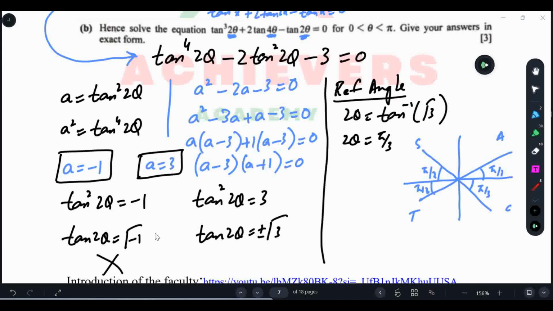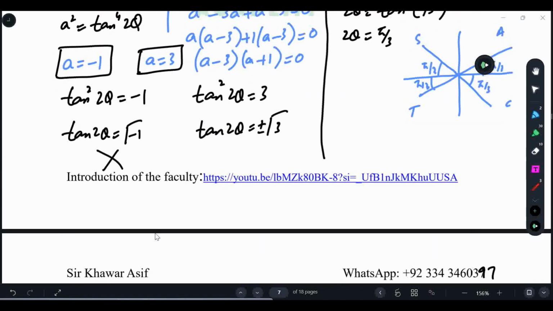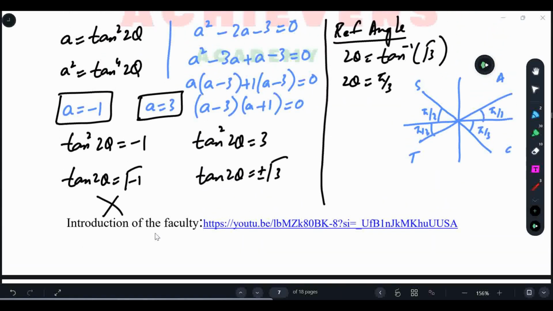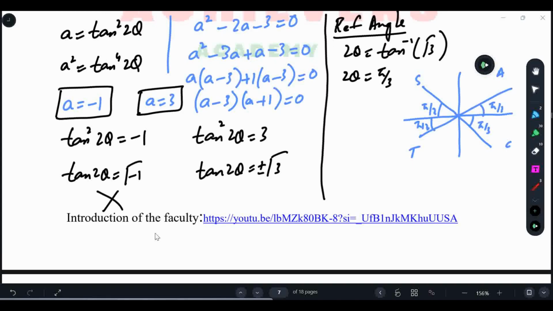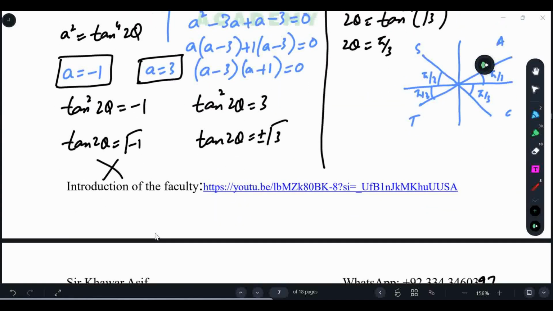Now we need to be very careful that we will have answers. The first one will be 2 theta is equal to pi by 3, and if we divide by 2, then theta will be equal to pi by 6. This will be theta 1.